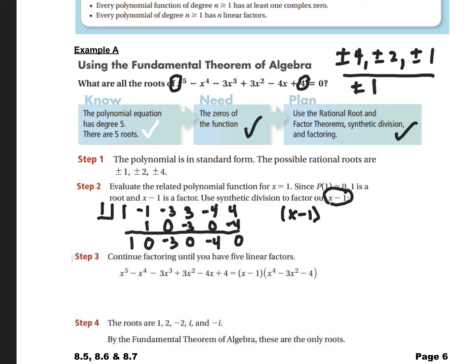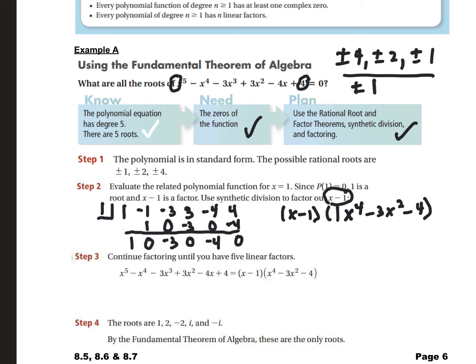Remember that the highest power is 5, so we have 1x to the 4th, 0x cubed, minus 3x squared, 0x, and then minus 4. So we have a quartic factor and we have a linear factor, and we can factor x to the 4th minus 3x squared minus 4.